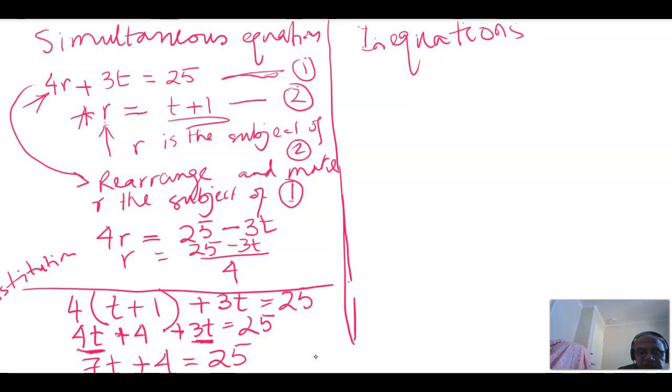Otherwise, it'll be very difficult to do the MCAT algebra, which is coming up next week. So now solving it, that'll give you 7t equals 25 minus 4. 7t equals 21. So t should be equal to 21 divided by 7. That gives you 3.